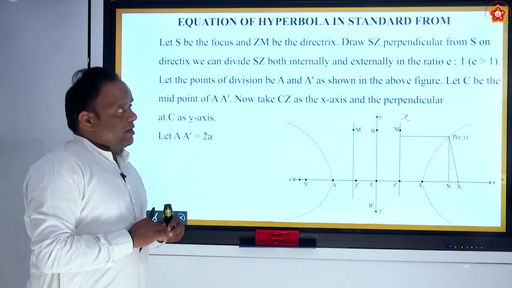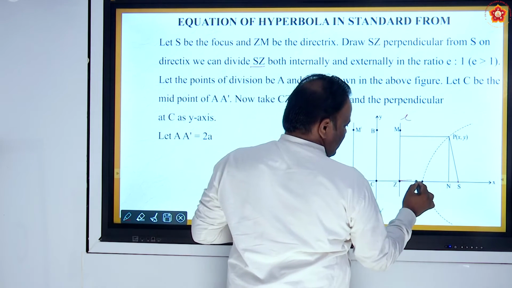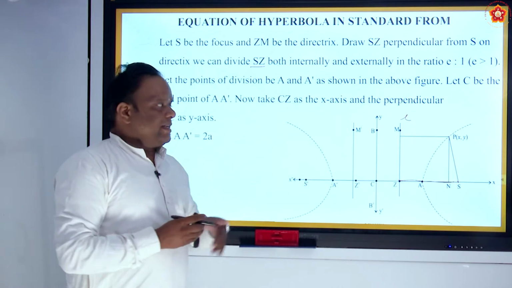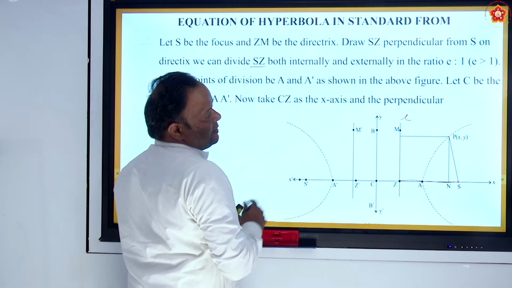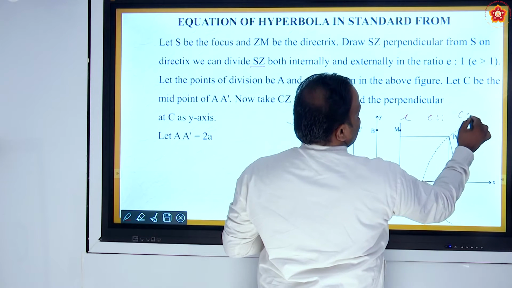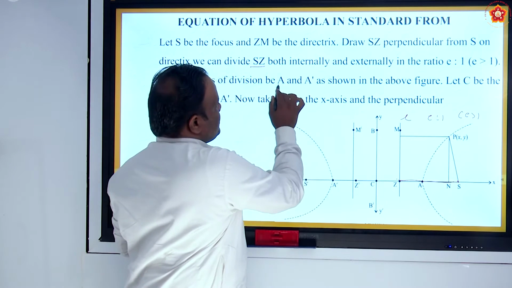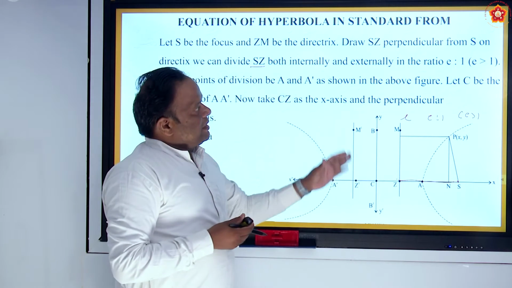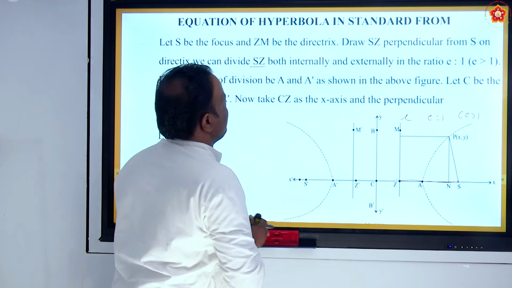We can divide, observe, this is very important, this SZ, from here to here, both internally and externally: internally at A and externally at A dash, in the ratio e is to 1, where e is greater than 1, because this is the hyperbola definition.